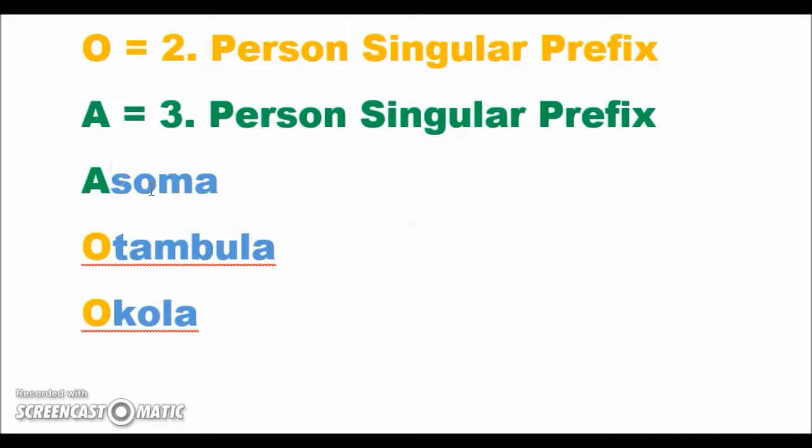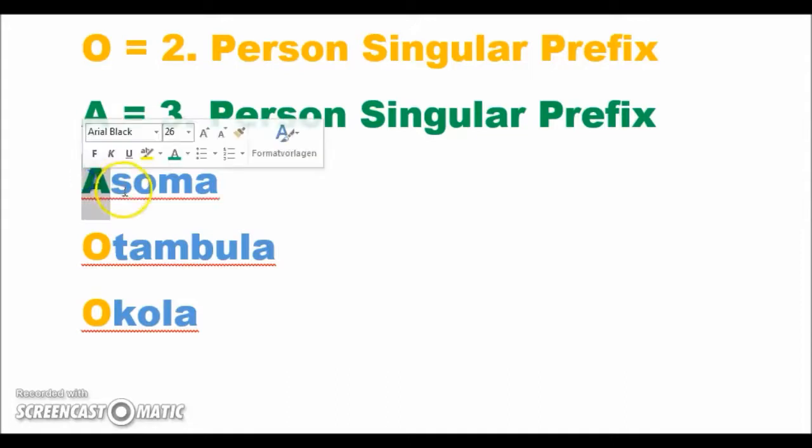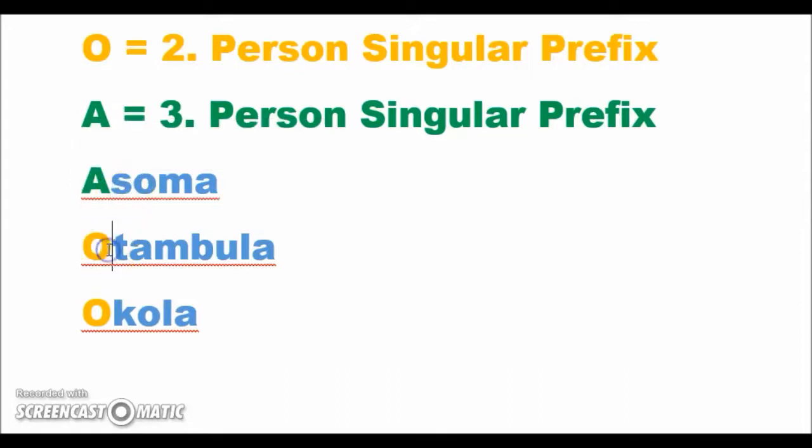He or she reads. In Luganda, we don't differentiate between he or she in the verbs. So it's just asoma. Could be a male, could be a female. Otambula, you walk, will be atambula. And okola, you work, will be akola.